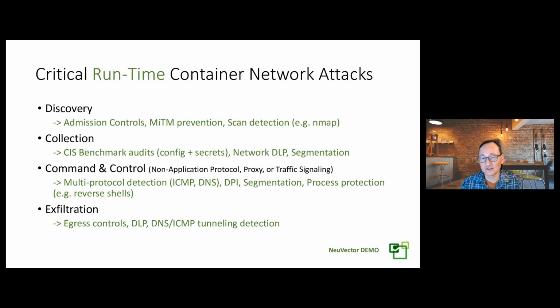If they're able to do that, of course, you've got the network DLP actually looking for those secrets in the network traffic that NeuVector provides, and network segmentation to prevent exploit of those.